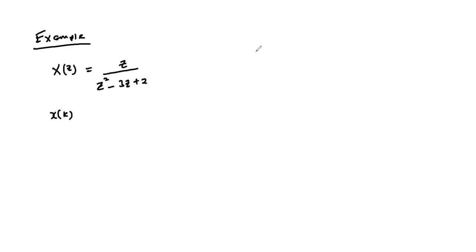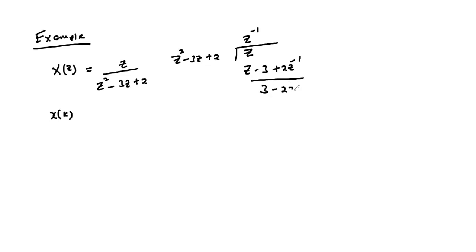So when we carry out the division, we'll obtain z divided by z squared minus 3z plus 2. So when we divide, we'll get z power minus 1, so that this is z minus 3 plus 2z power minus 1. And this is going to yield 3 minus 2z power minus 1.